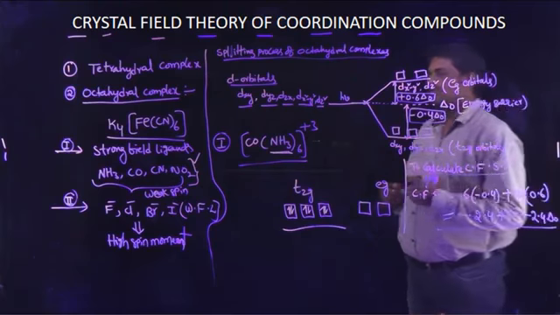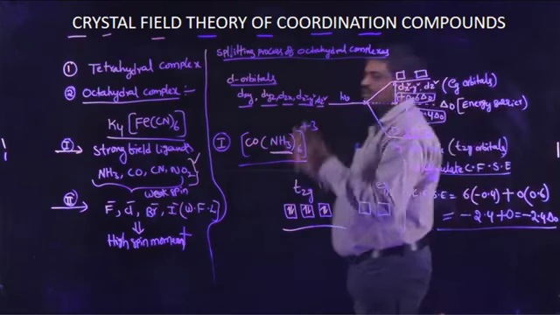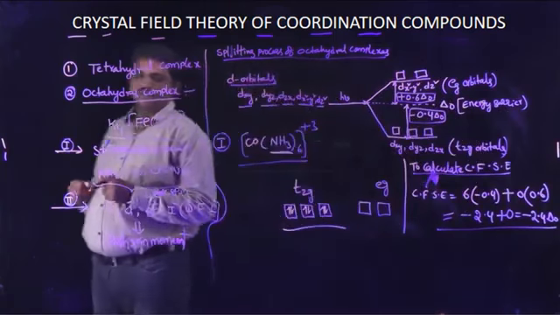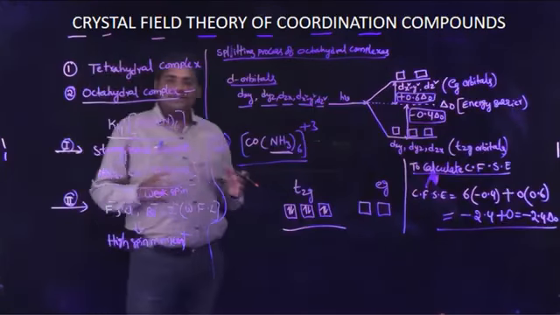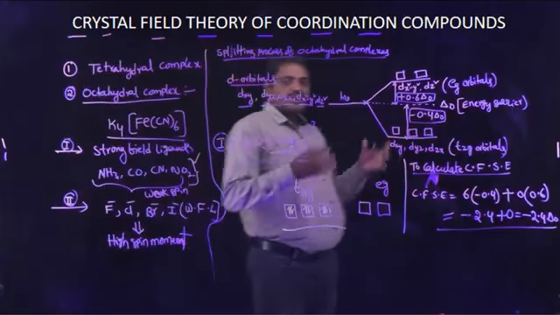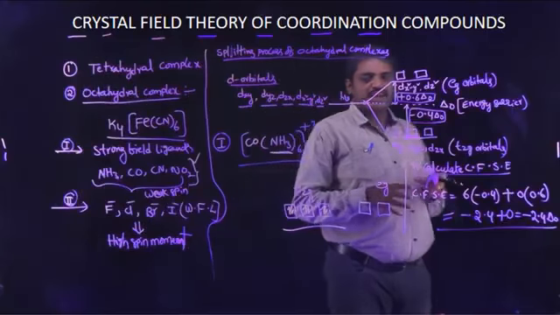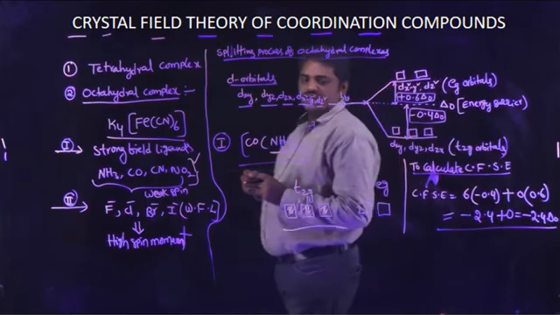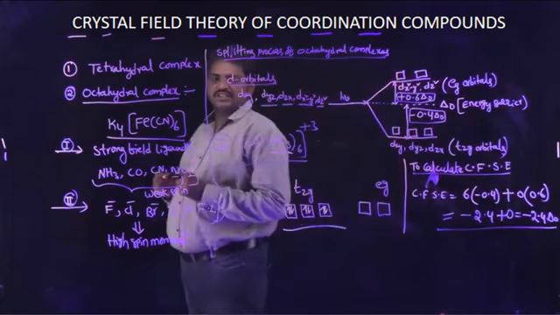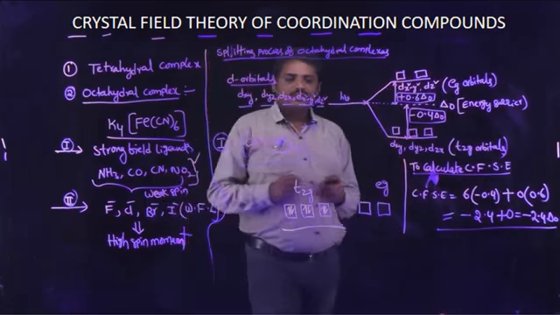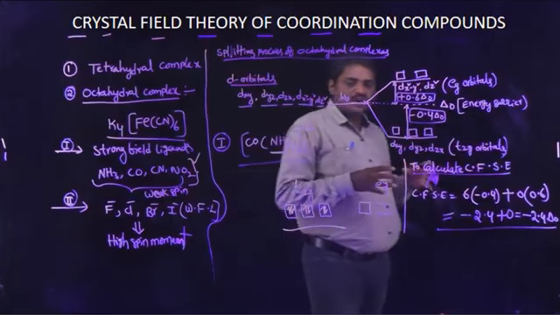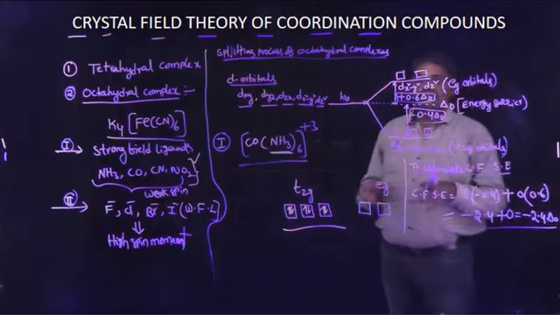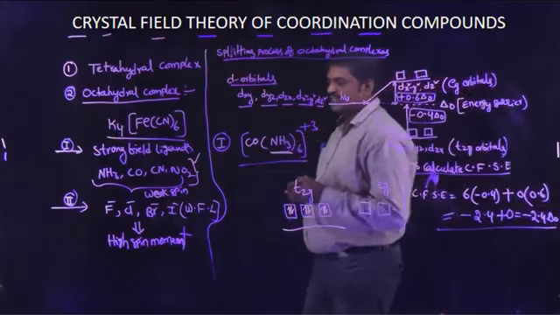I have covered two types of complexes, tetrahedral and octahedral. A tetrahedral complex is a coordination compound containing 4 ligands, and a coordination compound containing 6 ligands is known as an octahedral complex.